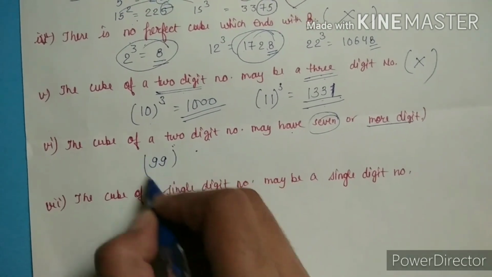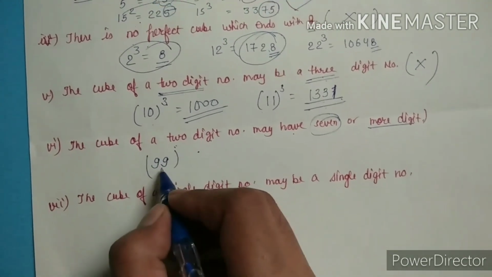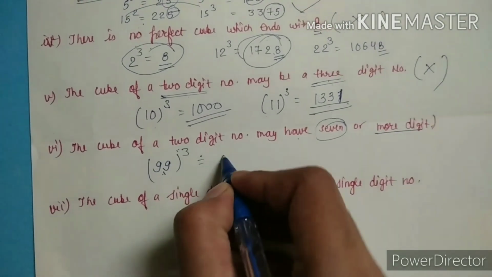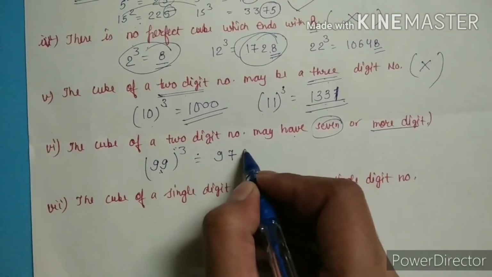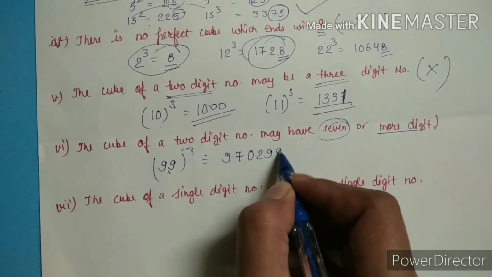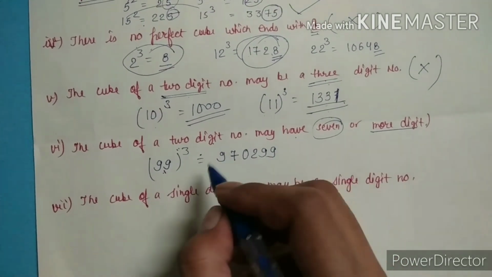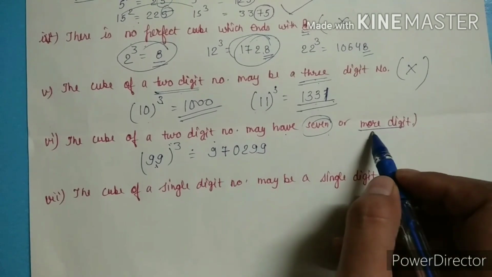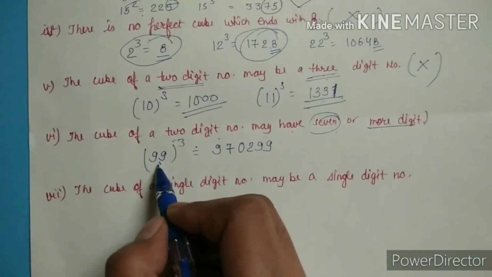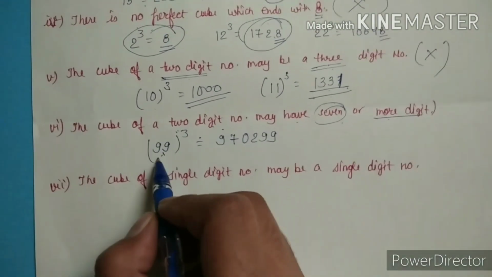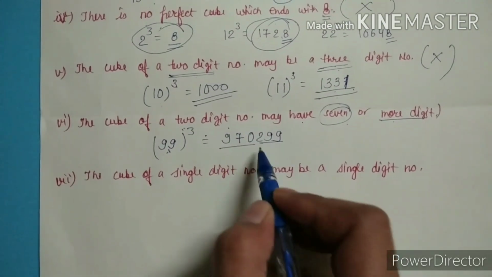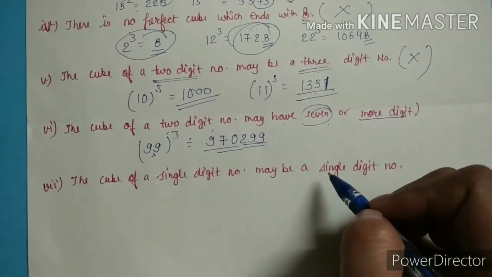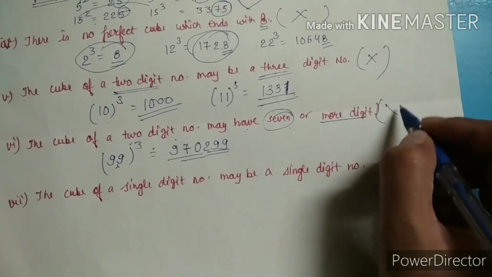So we will take its example, because after 99 we have 3-digit numbers. 99 cube is 970299. The question is telling the cube of a 2-digit number may have 7 or more digits. The largest 2-digit number is 99 and its cube has only 6 digits. It means the statement is false.